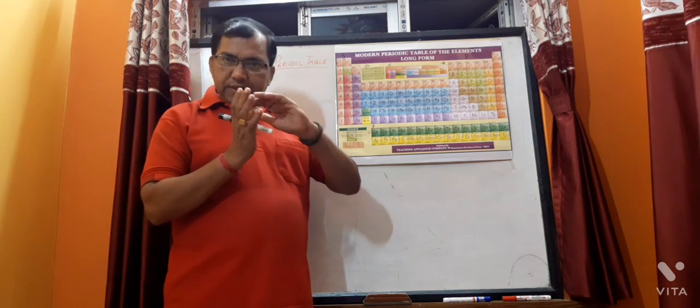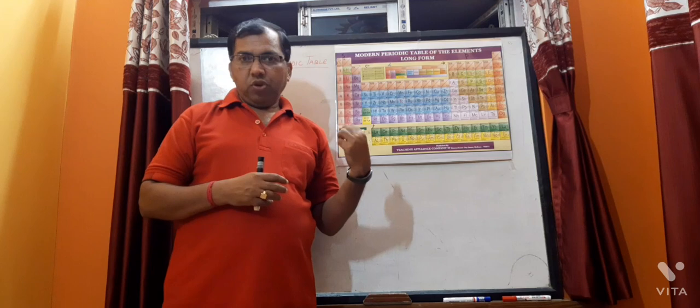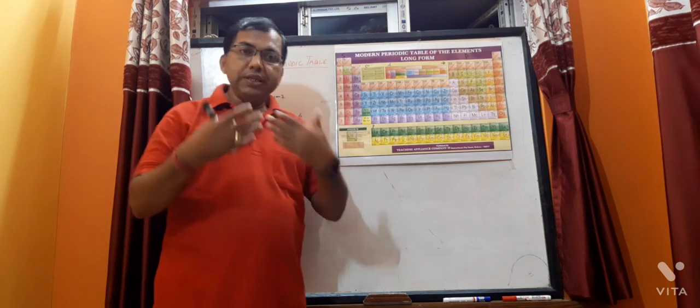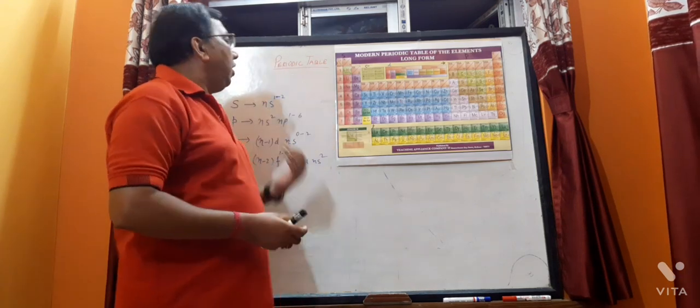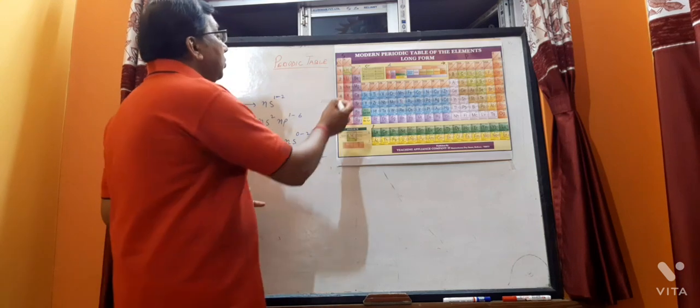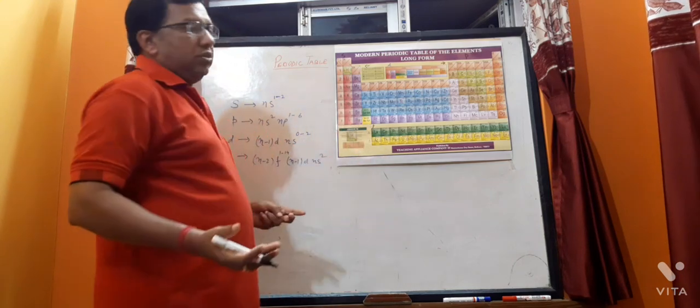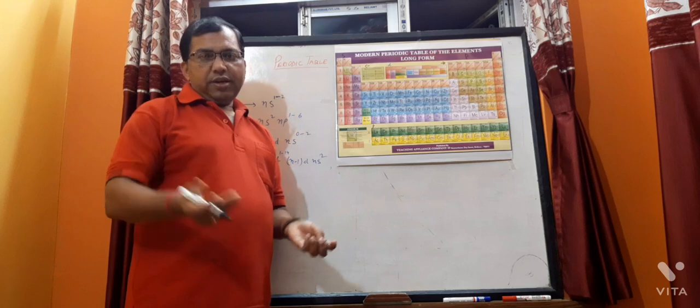What will be the general electronic configuration of these s block elements? Suppose sodium, potassium, whatever, you can try at home.